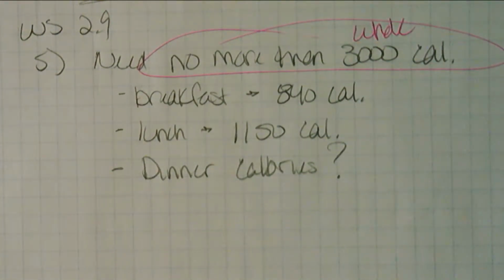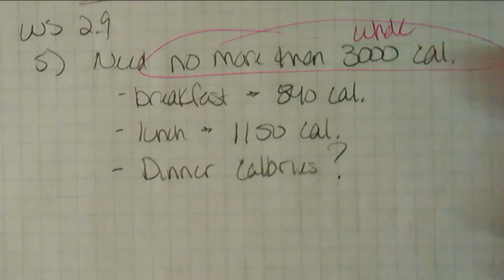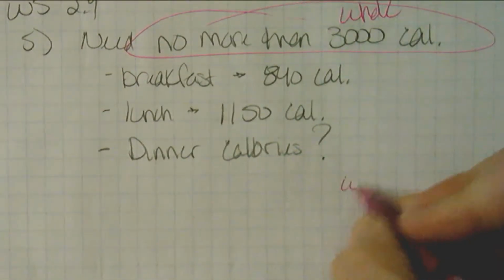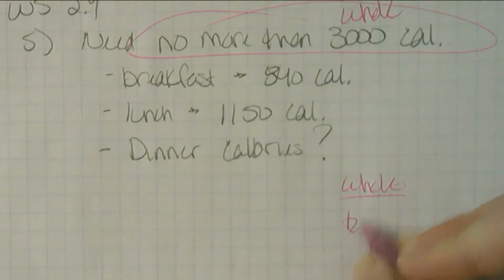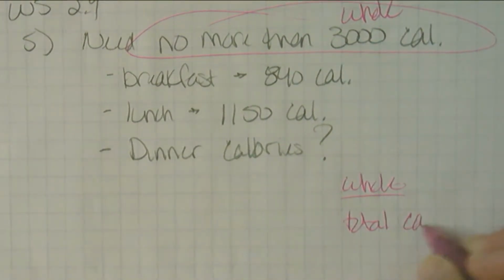That's your whole. So as you're reading through these, ask, what is it that I am measuring? Here I'm measuring calories, so there must be a total number of calories somewhere. That's that 3,000. So my whole is the total calories.